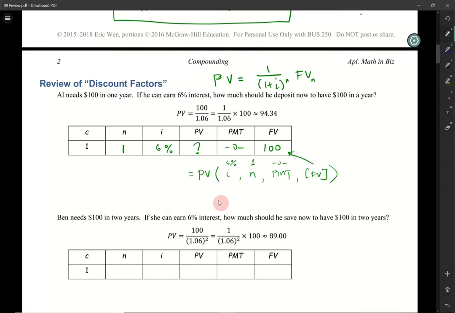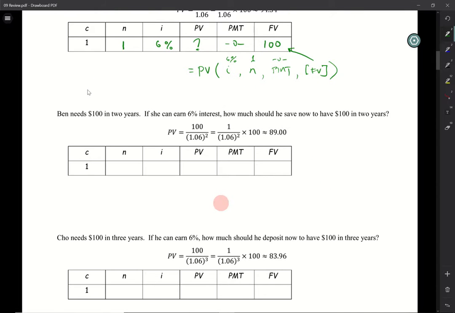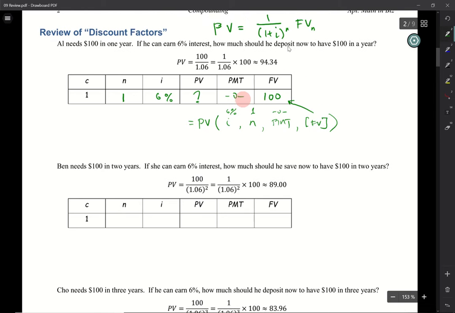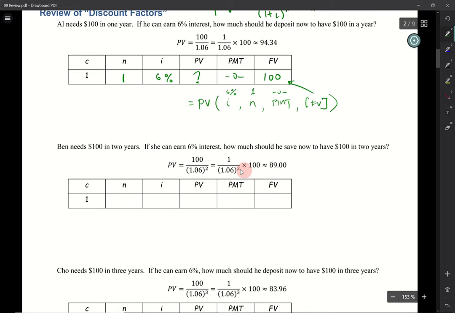Similarly, right, B needs $100 in 2 years, right? If she can earn 6% interest, how much should she have now to save, have $100 in 2 years? So basically we can just rely on the formula, where n is 2 this time, and so we get 89.